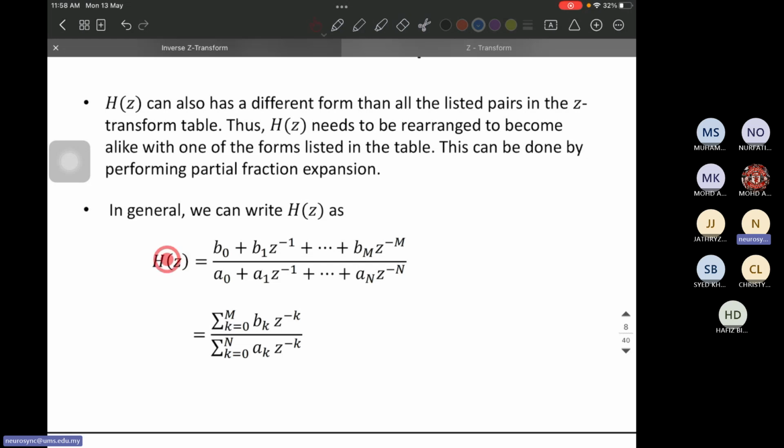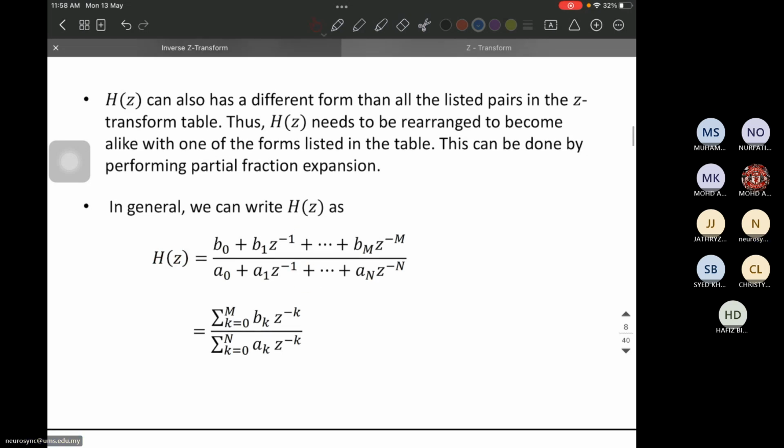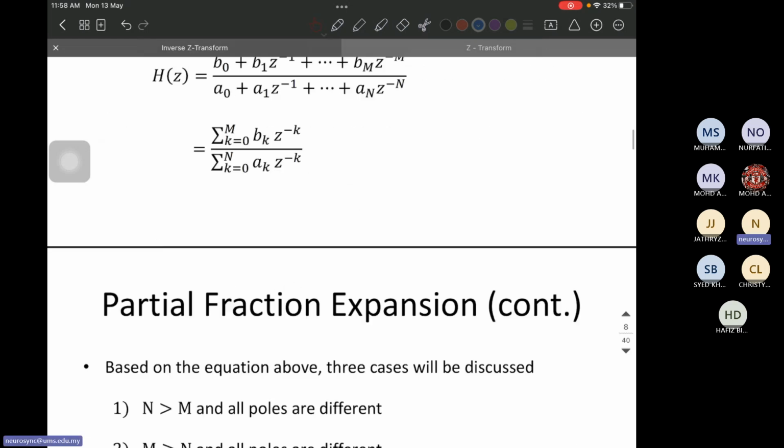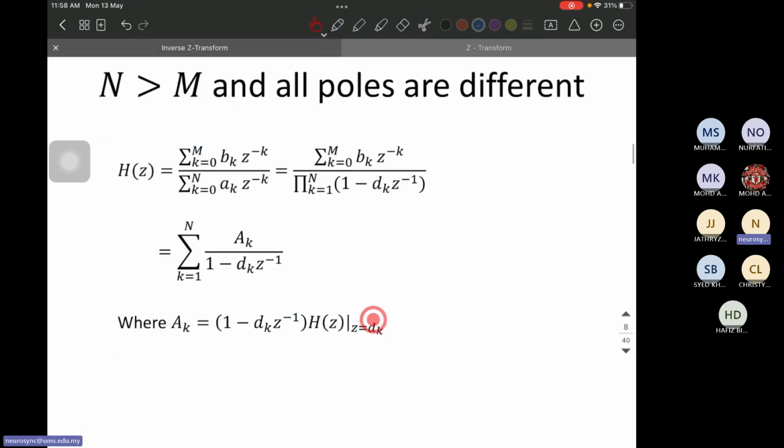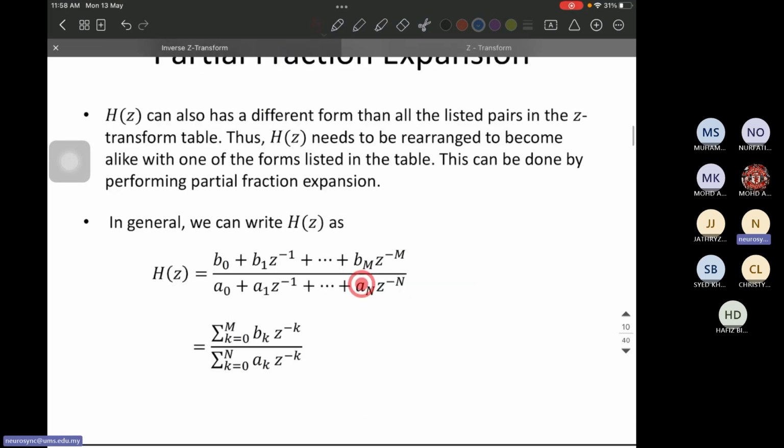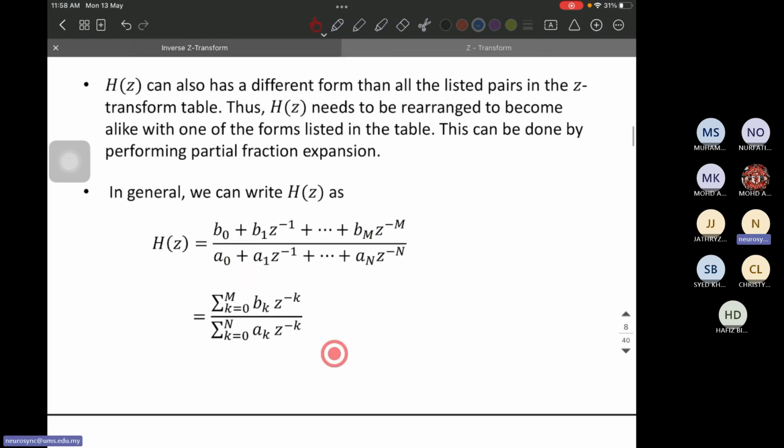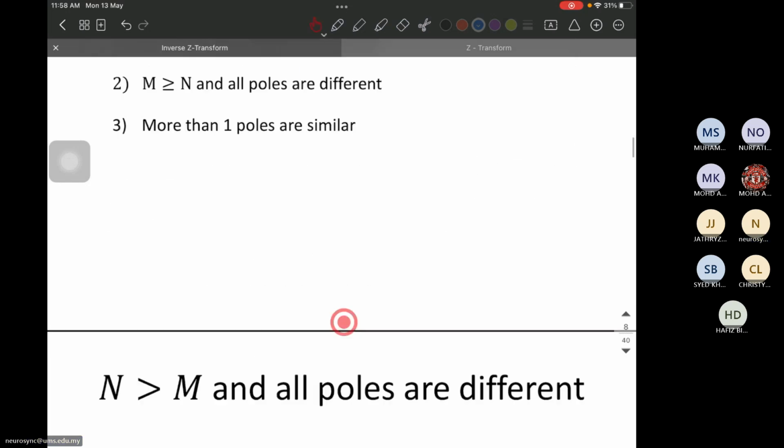So we know that H of z is the ratio of polynomials. Now suppose the polynomial is given in terms of some polynomial, and this polynomial we can write like this.